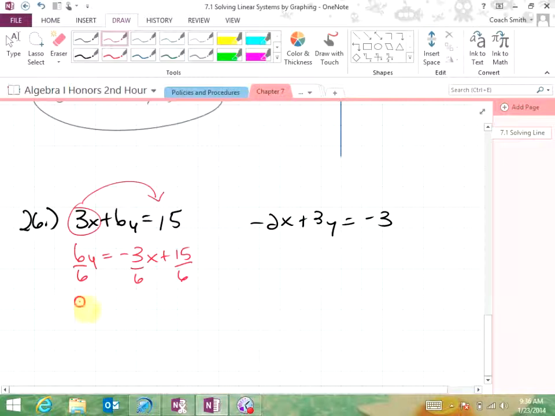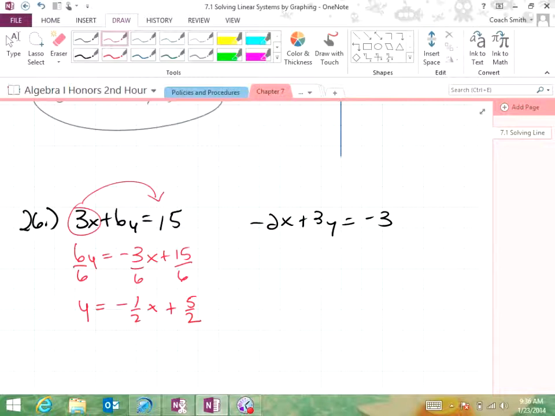So that gives me y is equal to negative 1/2 x plus 15 over 6, which reduces to 5 over 2, which is 2.5, right? Okay. So 5 over 2. So there's our first one.